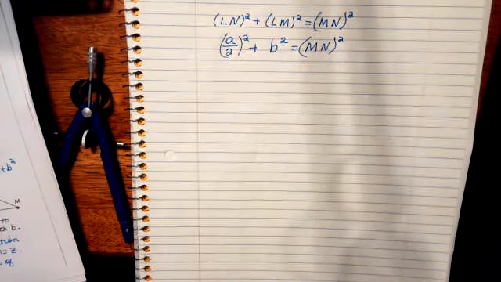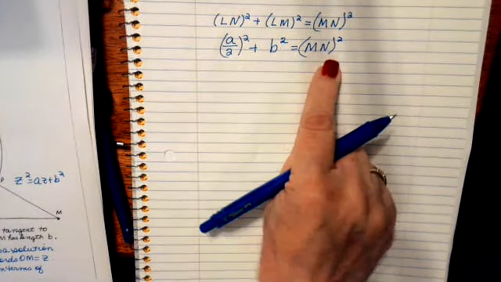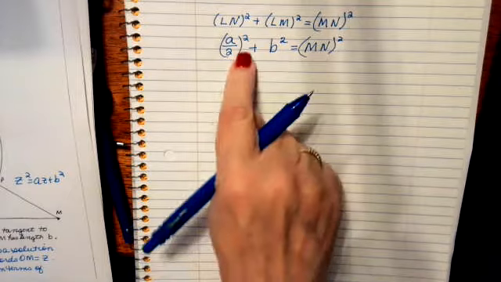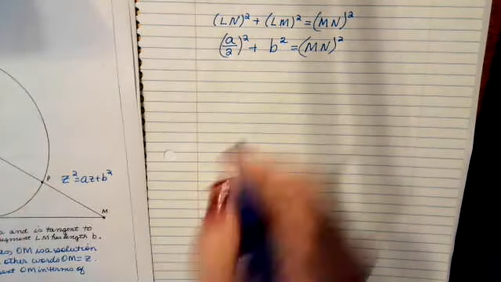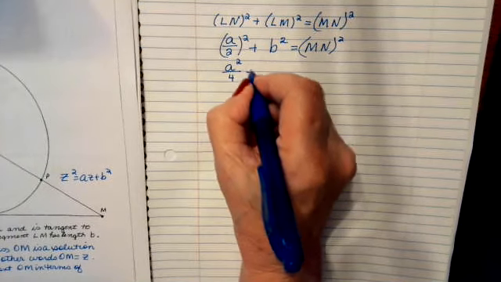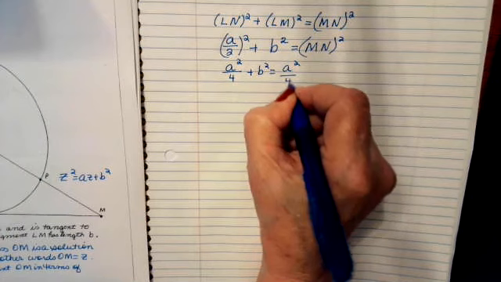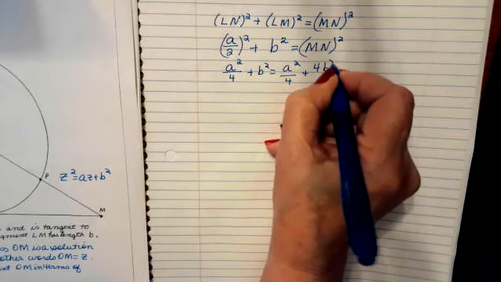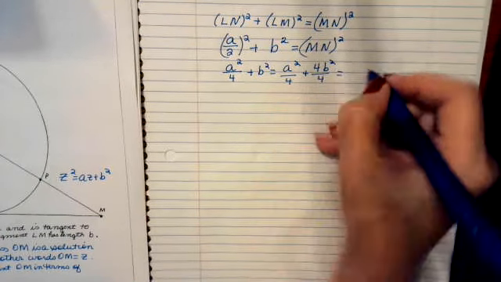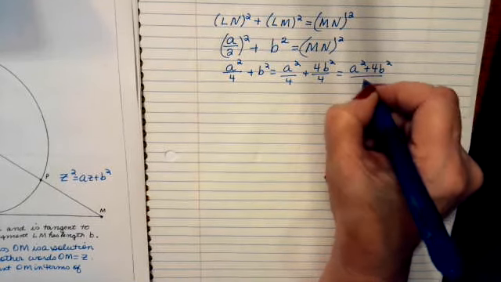All right. So I can take that equation and solve it for MN. I get A squared over 4. I'm going to combine these two fractions. A squared over 4 plus B squared equals A squared over 4 plus 4B squared over 4, which equals A squared plus 4B squared over 4.